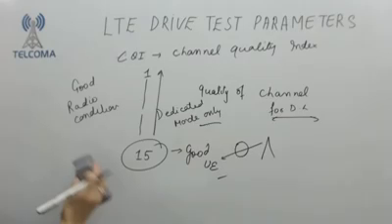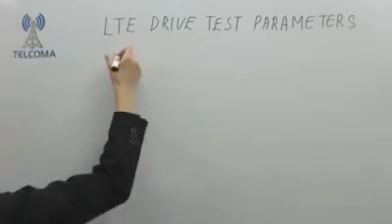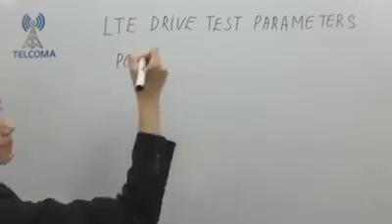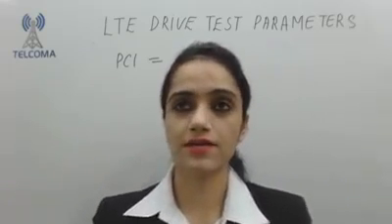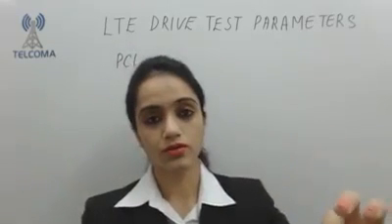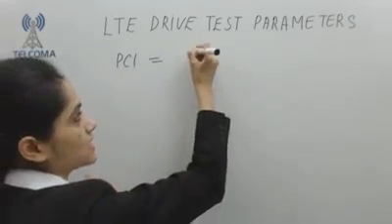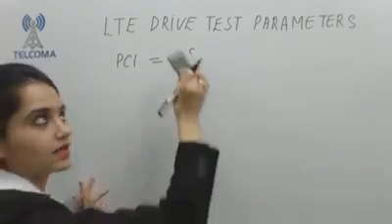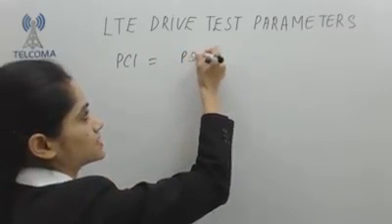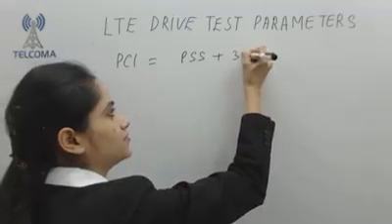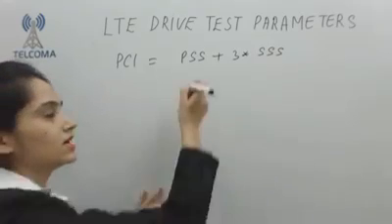Next parameter which we require to check during drive test is PCI. PCI is physical cell identity. In the planning part, we discussed that we require to allocate one particular PCI to each and every cell. Now this PCI is divided as 3 multiplied by SSS plus PSS.